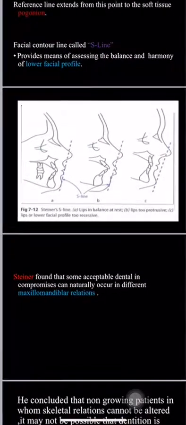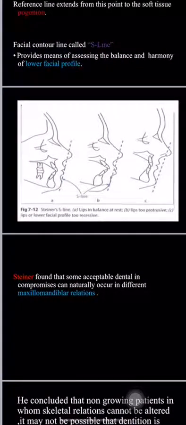زين، هنا نجي على شتاينر نقول found that some occlusal dental compromise can naturally occur in different maxillomandibular relationship. فإذا شاف أنه أيهما أكثر dental الشكل اللي أكثر acceptable لما سوى الأس كيرف shape أو الأس لاين for aesthetic reason.